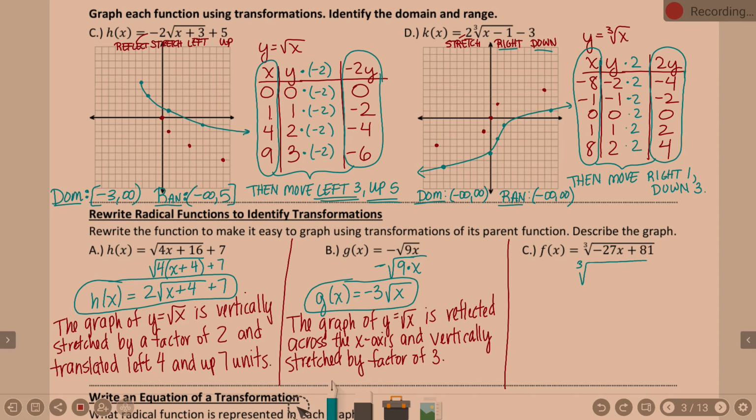We can divide those both by what? 27 and 81 both divide by 27. Since that first term is negative, I would factor out a negative 27 under the radical. So I'm going to have the cube root of negative 27. When I factor that negative 27, it's going to be x. Positive 81 divided by negative 27 is going to be minus 3.